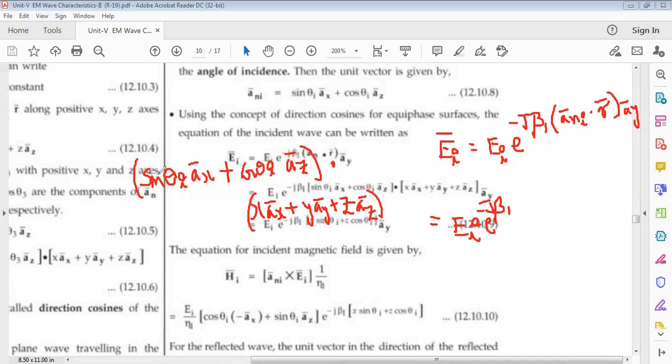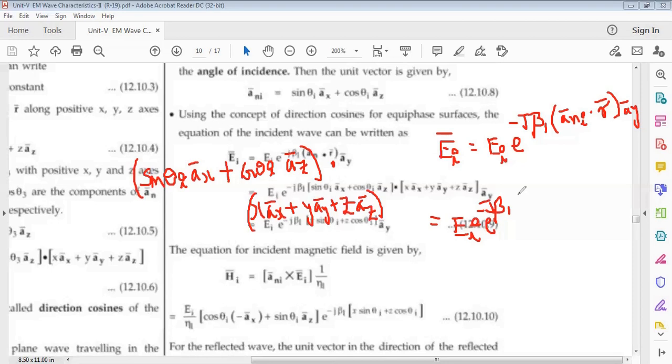Now apply the dot product of sine theta I into AX. AX dot AX only will give the value, AX with AY is 0, and AX with AZ the dot product is 0. Different unit vectors give a dot product of 0, itself is 1.